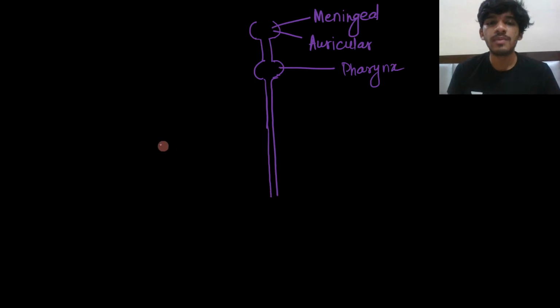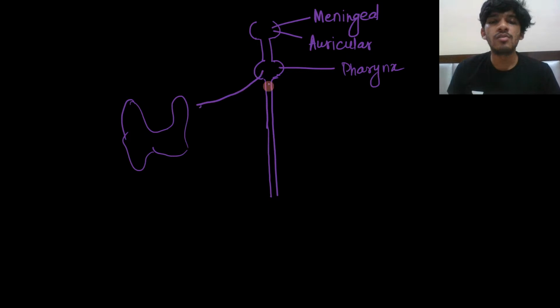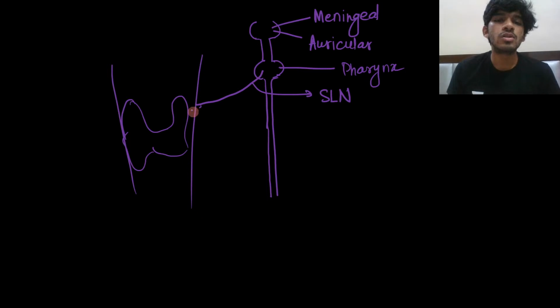Let's say the thyroid is present here. It will give a branch known as the superior laryngeal nerve to the thyroid. And this is your larynx. So this will divide into an external laryngeal nerve and an internal laryngeal nerve.